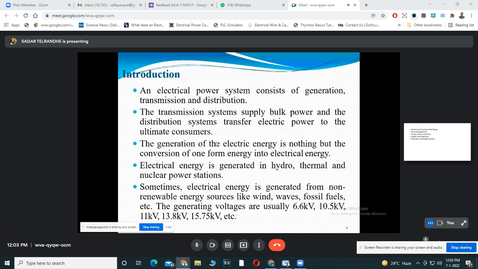In hydroelectric, nuclear, and thermal power plants, mechanical energy is converted into electrical energy with the help of synchronous generators. Sometimes electrical energy is generated from non-conventional energy sources like wind, waves, fossil fuels, etc. The generating voltages are usually 6.6 kV, 10.5 kV, 11 kV, 13.8 kV, 15.75 kV, and so on.